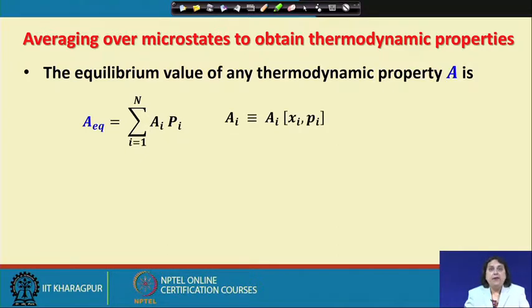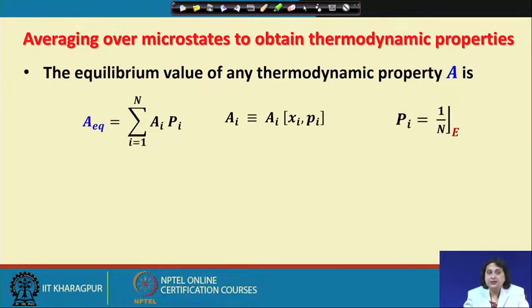And so, if it is a simple one dimensional system having only one position coordinate x_i and only one momentum coordinate p_i, A_i is going to be a function of x_i and p_i, and then I can measure these values, let us say for capital N points over that constant energy contour in the system.